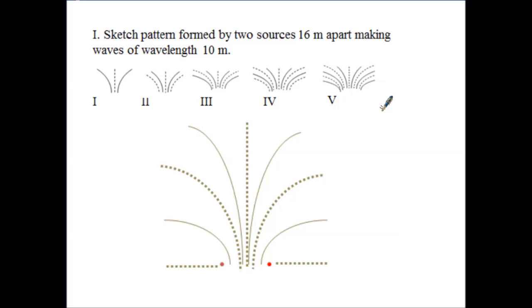What you need to do is, if the two sources are 16 meters apart, you need to convert that into how many wavelengths apart are these two sources. And based on that, what is the maximum path difference you can get, which of course is determined by the distance between the sources? But you want it in wavelengths, not meters, before you try to do that.